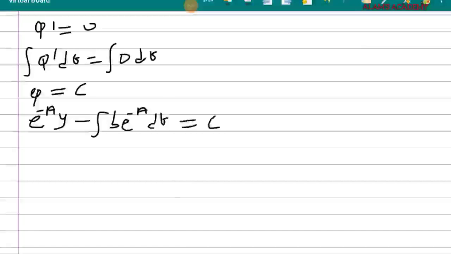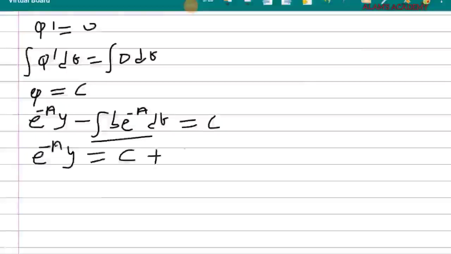We are looking for y. We want to make y the subject. Therefore, I maintain e^(-at) y equal to c. Take this across the equal sign. I'll have plus the integral of b e^(-at) dt.